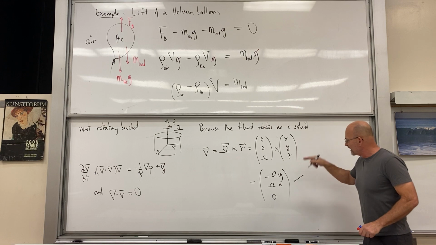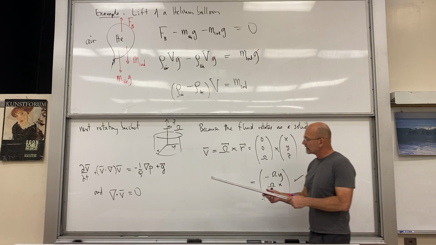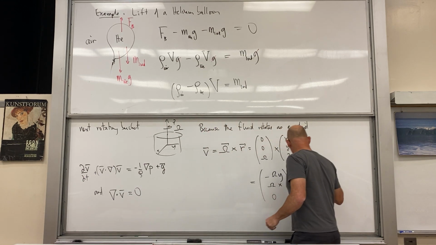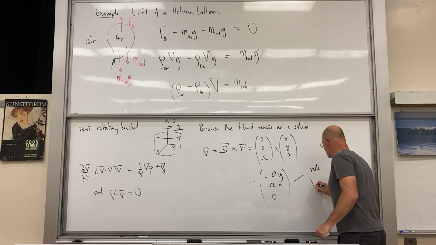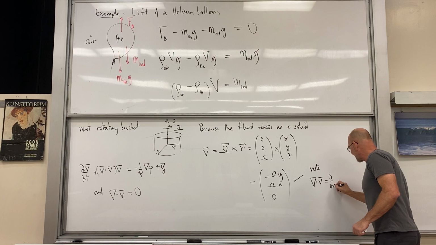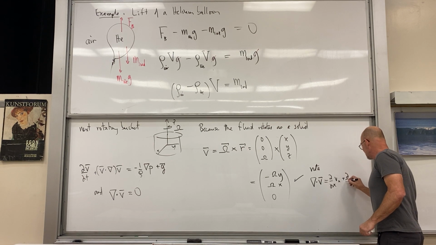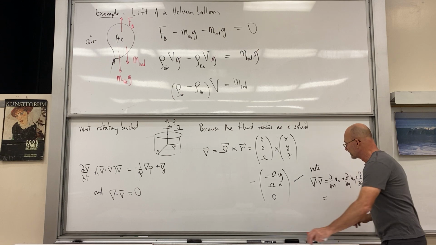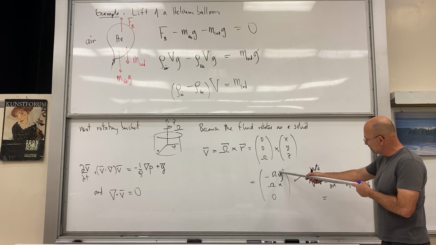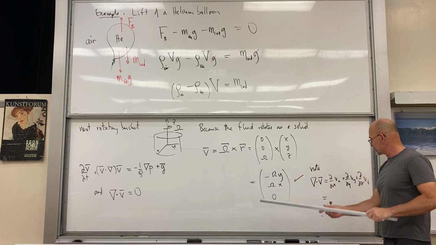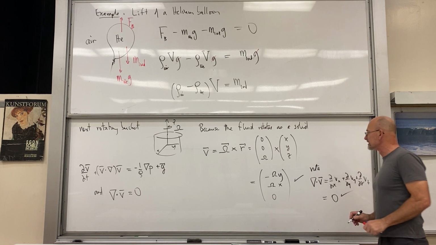We have that. So this is our vector, and what we're going to do is twofold. Make sure divergence of V vanishes. Note, divergence of V is equal to d/dx of Vx, d/dy of Vy, d/dz of Vz. So when we plug that in, we're going to see it. The derivative with respect to x of this component vanishes. The derivative with respect to y of this component vanishes. So that's 0. Excellent.